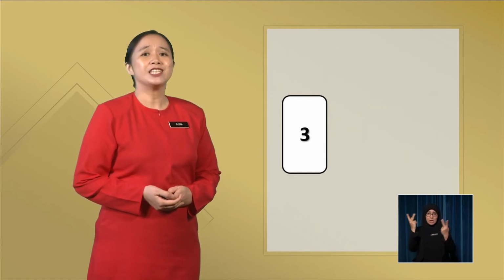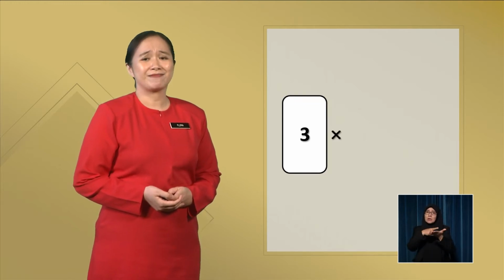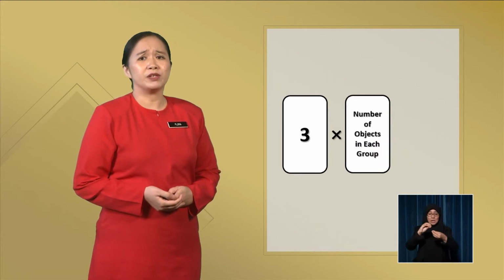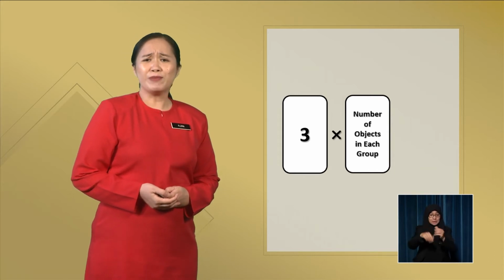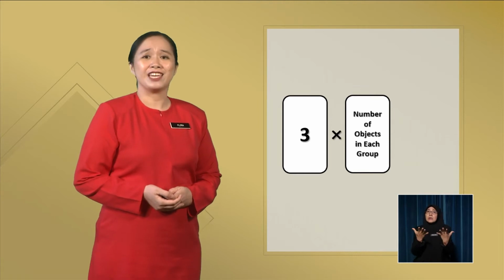Let's write the number 3. Then we write the multiplication symbol. What should we write next? Yes, the number of chocolate milk cartons in each group. How many cartons of chocolate milk do we have in each group?